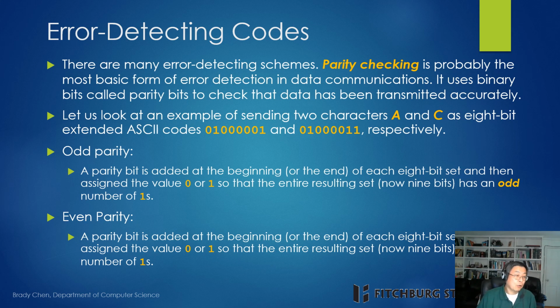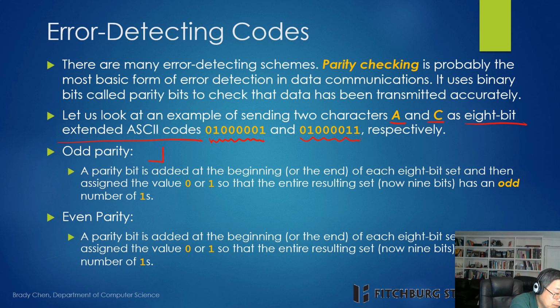Now let's take a look at an example of sending two characters, A and D. If we store the characters A and D as an 8-bit extended ASCII code, like this 8-bit binary code, then when this code is transmitted on a medium, it will be transmitted as a square waveform.